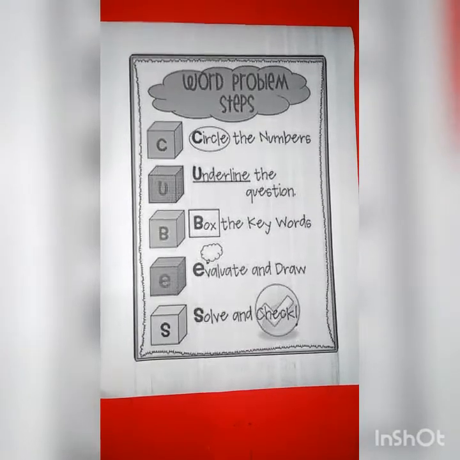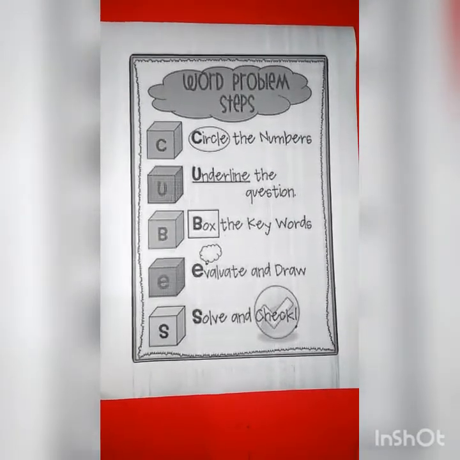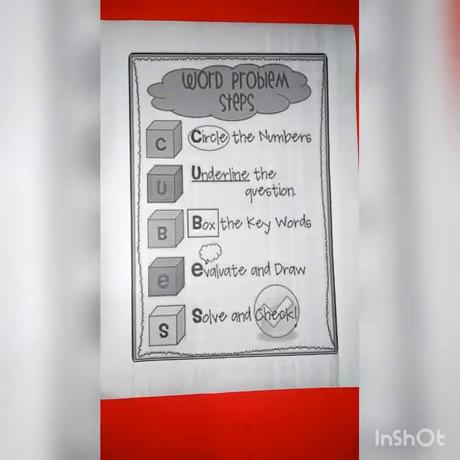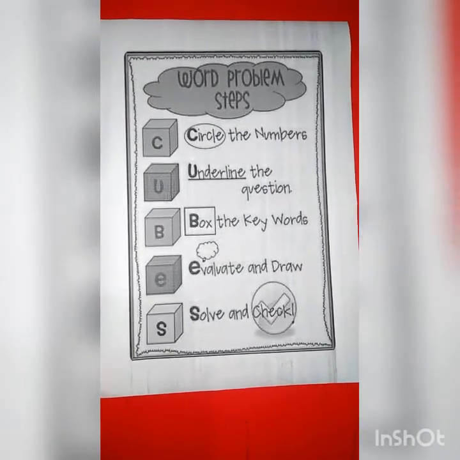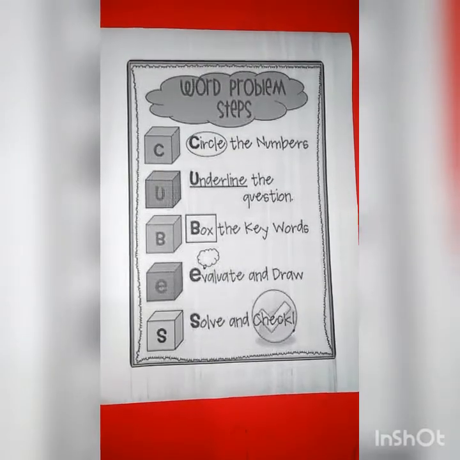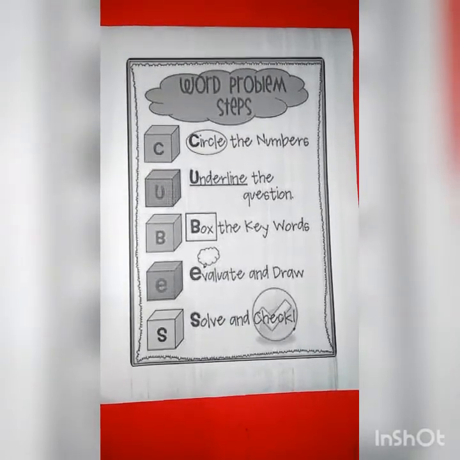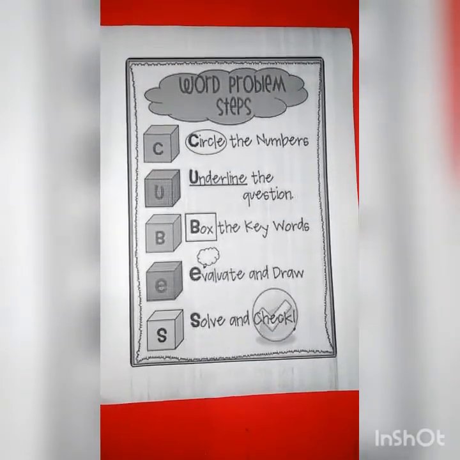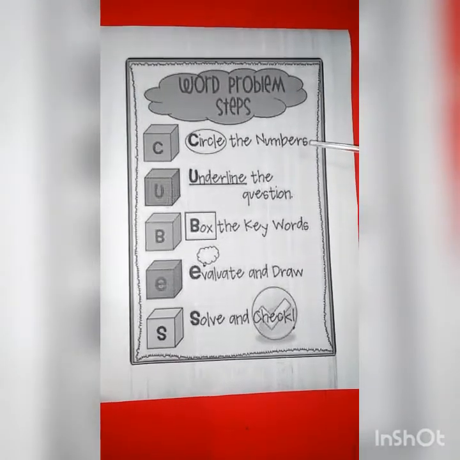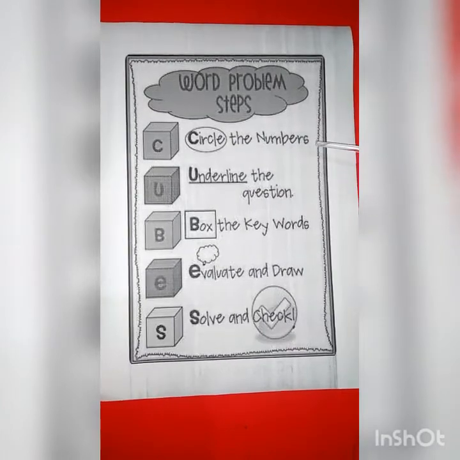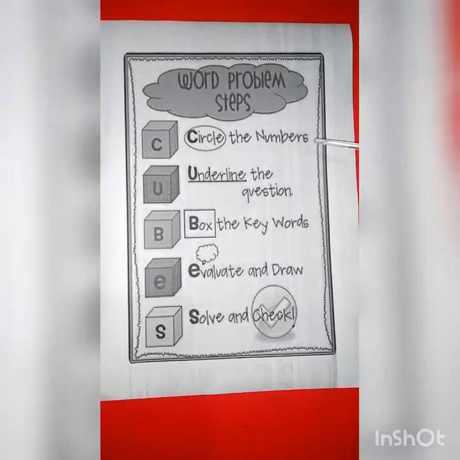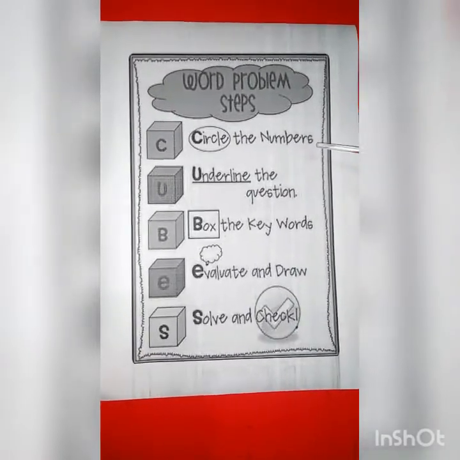Dear students, as you can see here, we have some steps to solve word problems, and after applying these steps, we can solve the word problems, and we will use the CUBES strategy. C stands for circle the numbers.